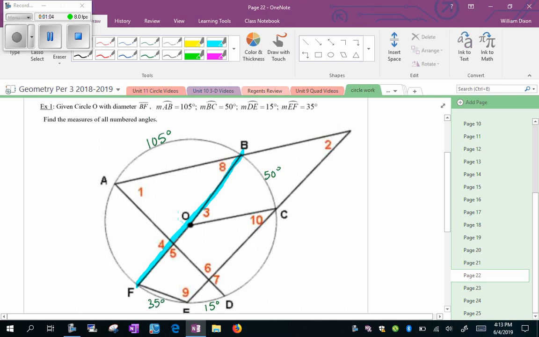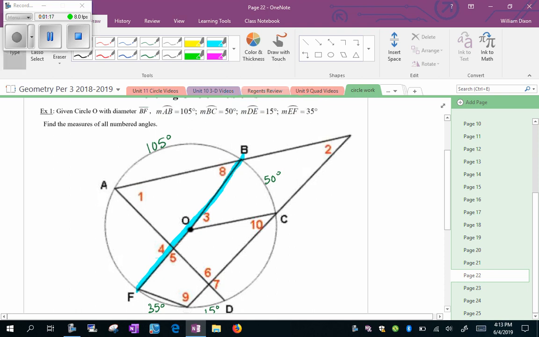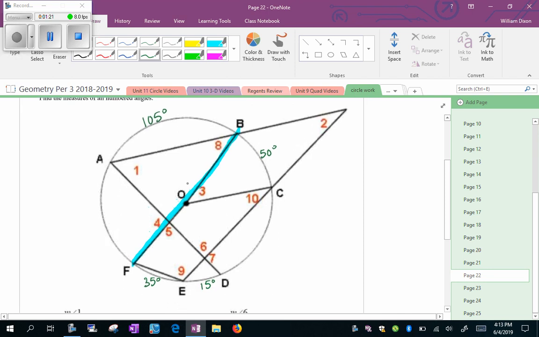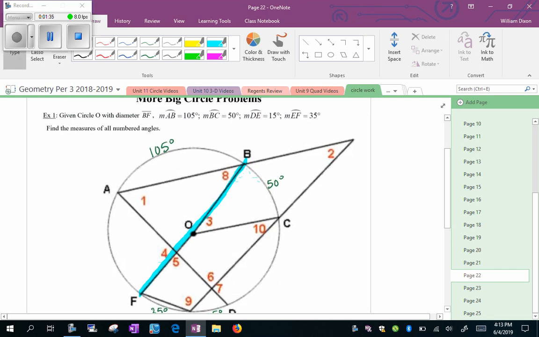All right, so in order to find these different angles, the strategy I'm going to take is to fill in the other missing arc measurements. So I have AB is 105 degrees, and then I have BF is my diameter. So I need to find AF, and I can do that because BAF is a semicircle, and we know a semicircle measures 180 degrees.